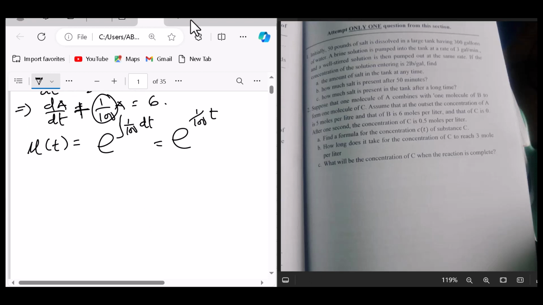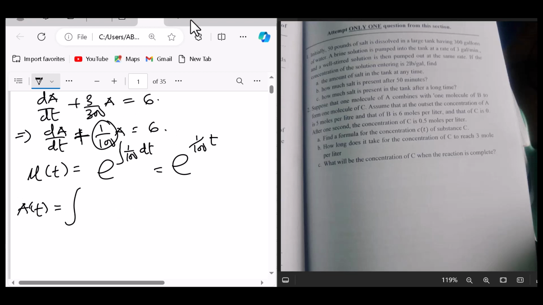This is our integrating factor. So our A of t will be equal to the integral of our q of t, that is just 6 times our integrating factor e to the power 1 over 100 t, plus c, all over the integrating factor e to the power 1 over 100 t.